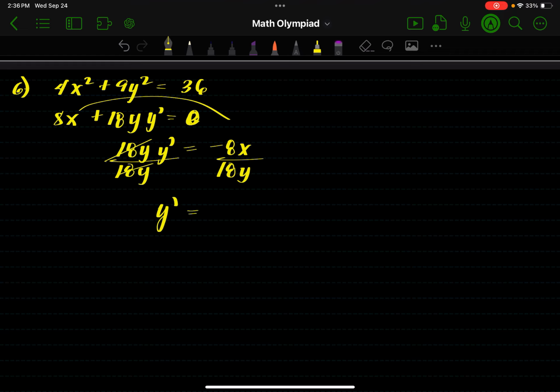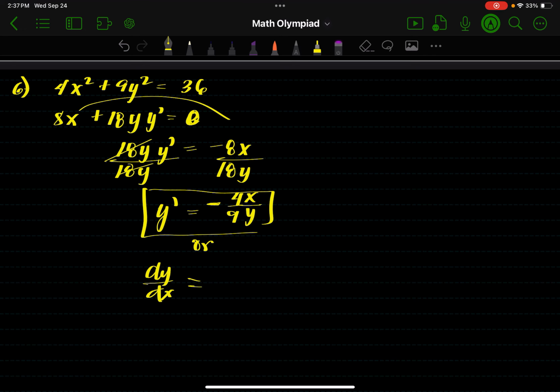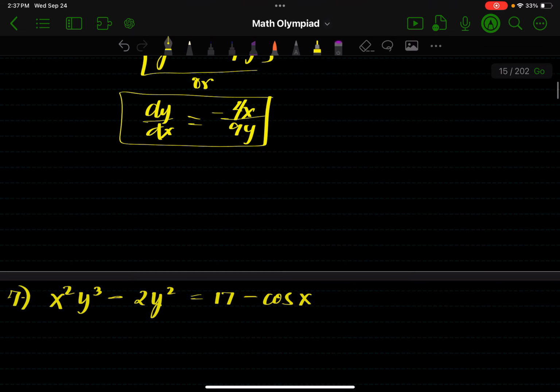Y prime is equal to negative 8 over 18, lowest terms is 4 over 9. So copy x and y. And this is the answer, or dy over dx is negative 4x over 9y. That's how you are going to solve number 6.